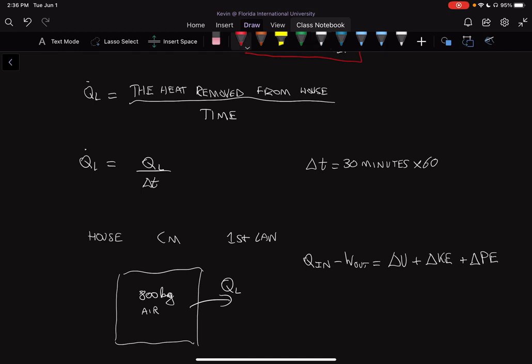Delta KE and delta PE go to 0 because we're not given any information on them. And there's no work because there's no change in volume in the house, so work out is equal to 0. So we're left with Q in equal to M times u2 minus u1, the change in internal energy between time 2 and time 1.